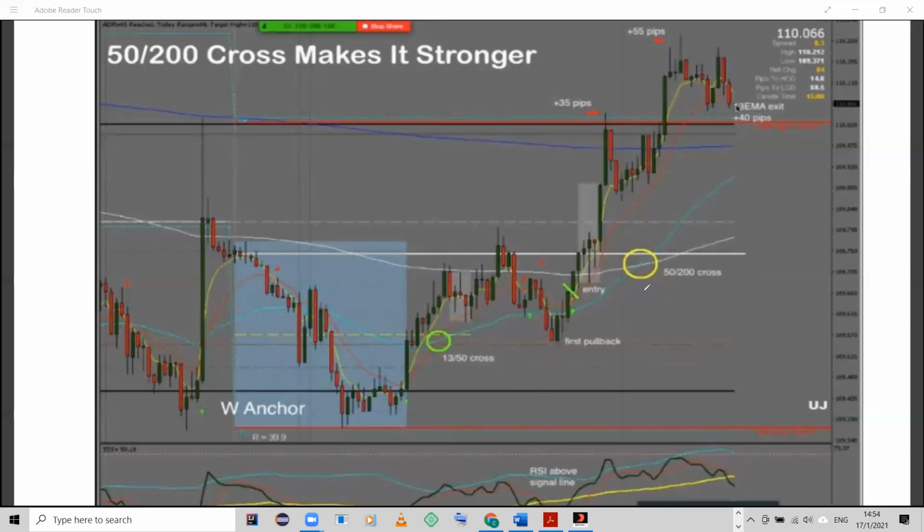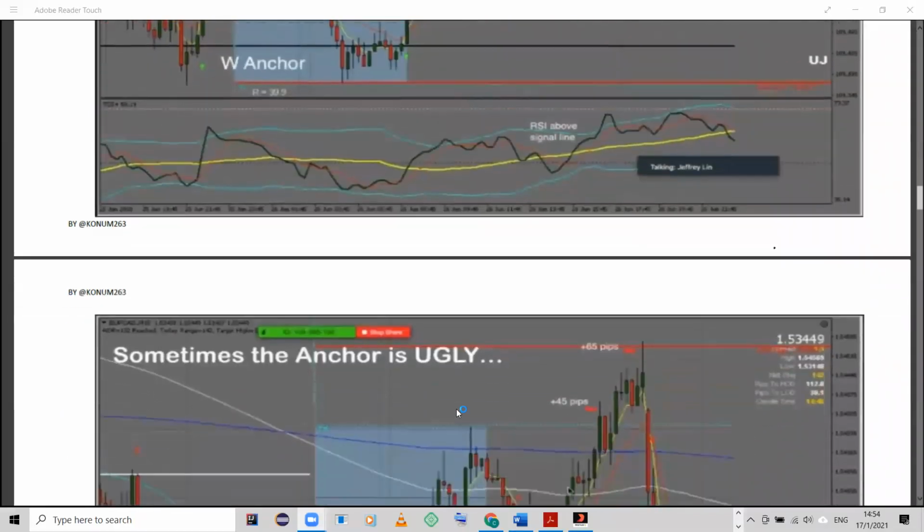As always, the TDI confirmation needs to be used as well. As you can see, the RSI crosses the market baseline and the signal line at the same time. We take the entry, so we're in the right direction. So guys, that's just it. It's as simple as it is.